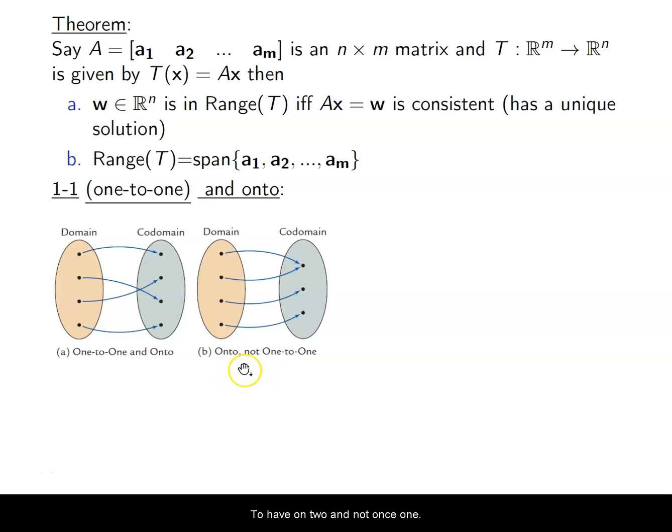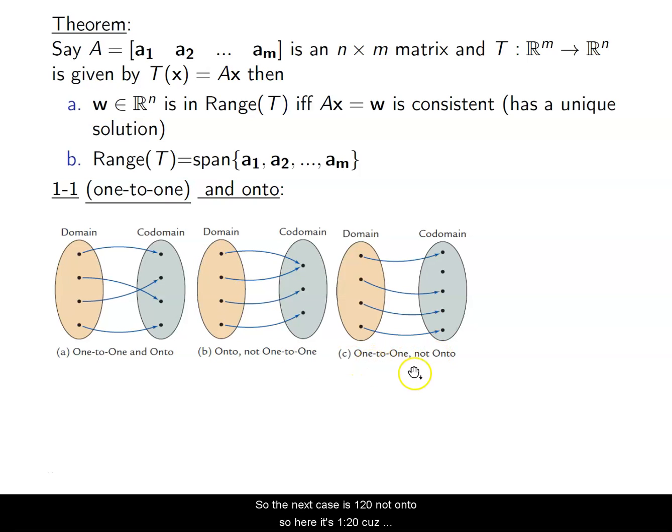To have onto and not one-to-one means that everything in your range may be mapped to by several different things in your domain. So this is onto because everything is covered, but it is not one-to-one because this one and this one both share the same destination. Now if these two had their own destination, then it would be one-to-one. So the next case is one-to-one and not onto.